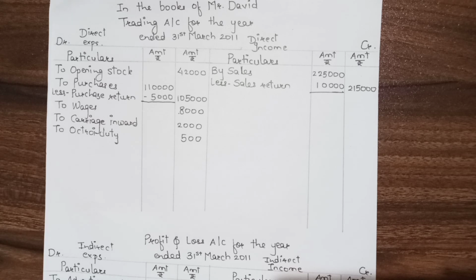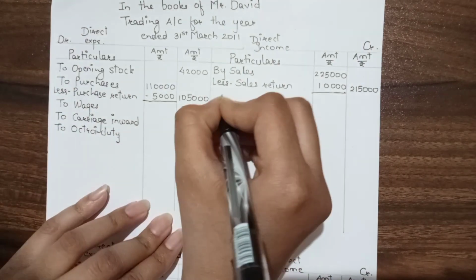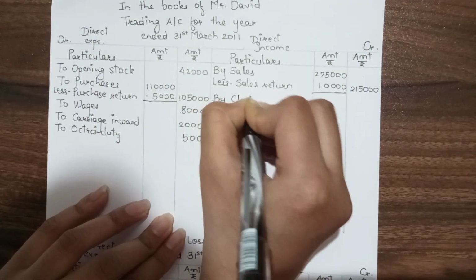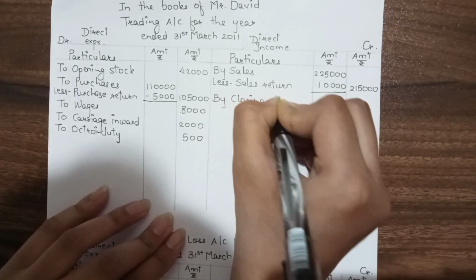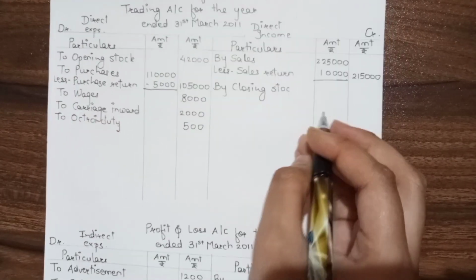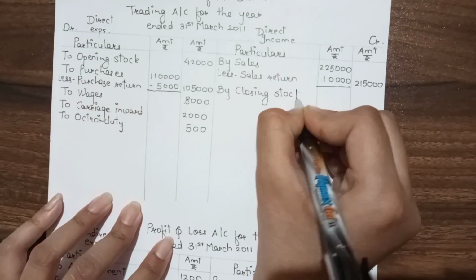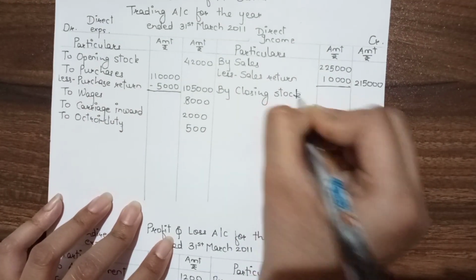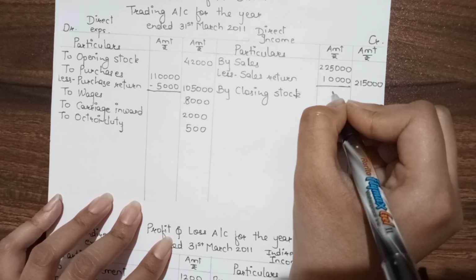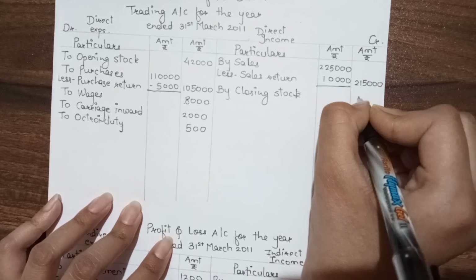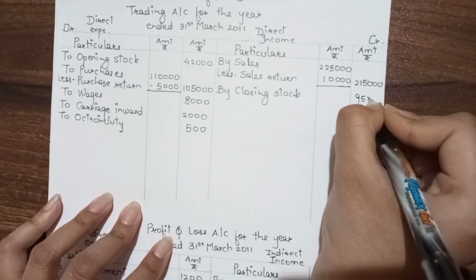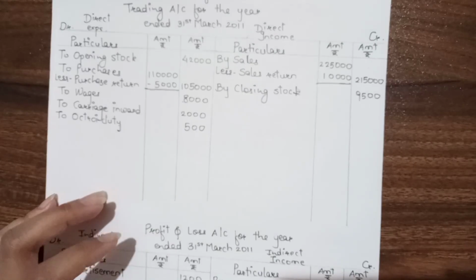So we will record it by closing stock. How much is the amount? 9,500. Okay.